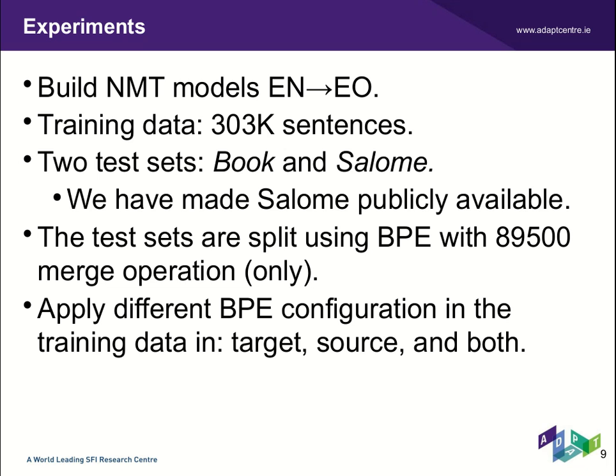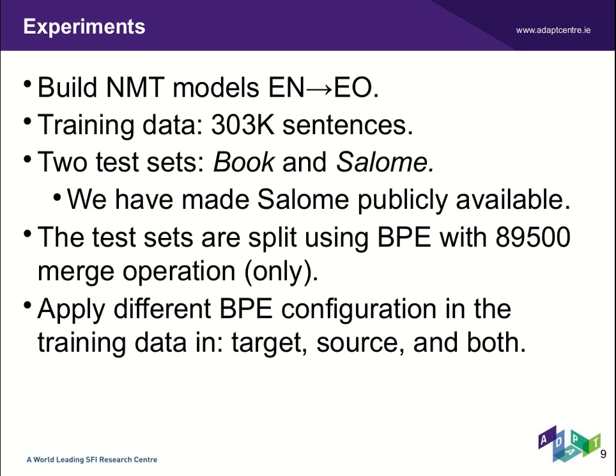One is books, which contains sentences from books of Edgar Allan Poe and the book Alice in Wonderland. And the second test set is Salome, which is in a biblical domain, and actually we have taken the sentences and aligned the sentences ourselves, so we have made this Salome test set publicly available for anyone who wants to use it.